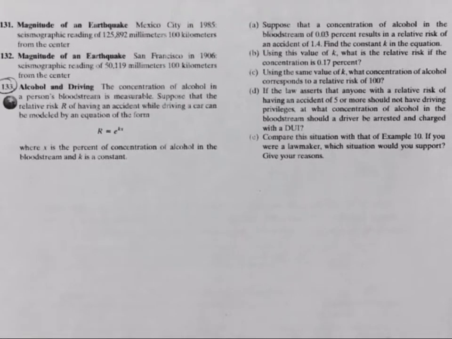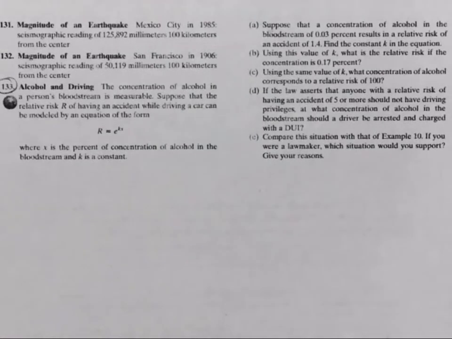So suppose that the concentration of alcohol in the bloodstream is 0.03. So that would be x. So 0.03% results in a relative risk of an accident of 1.4.